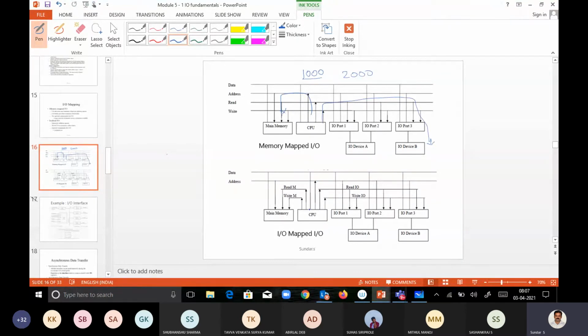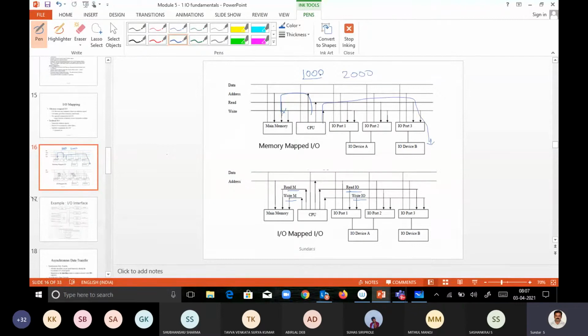Look here: read IO control signal, write IO control signal, read memory, write memory. Whereas in the previous one there is no specific read and write for memory and for IO devices. A common read and write signal is connected to the memory and IO devices. So whenever the CPU sends a read or write, it goes to both memory and IO devices, but based on what address is used, that read or write connects to the IO device or memory.